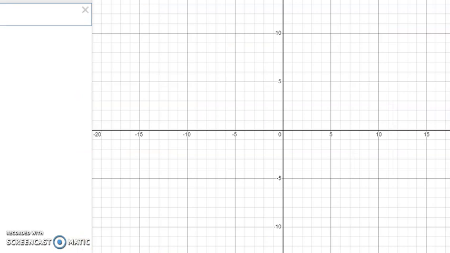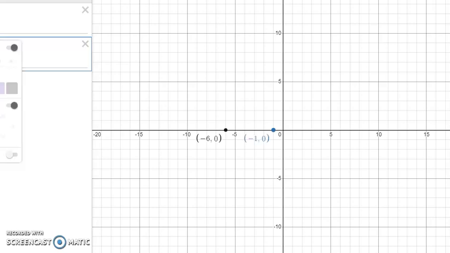So we'll put the x-intercepts in, so we get negative 6, 0. We'll plot that, label that. Okay, there's negative 6, 0. Do the same with negative 1, 0. Label that. And then the vertex we just found was at negative 3.5, negative 12.5.